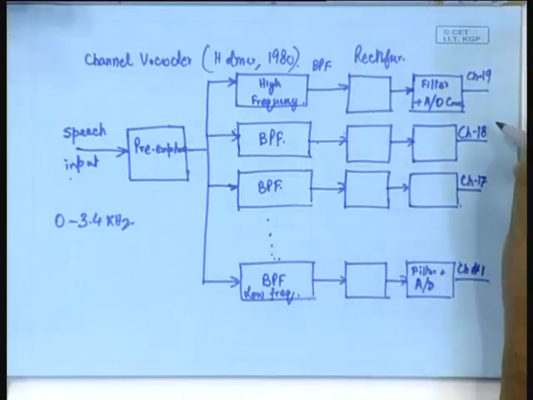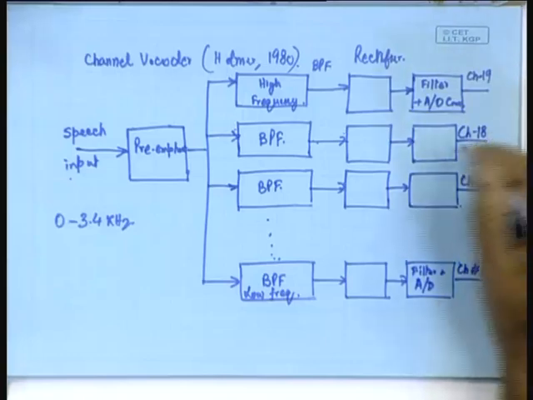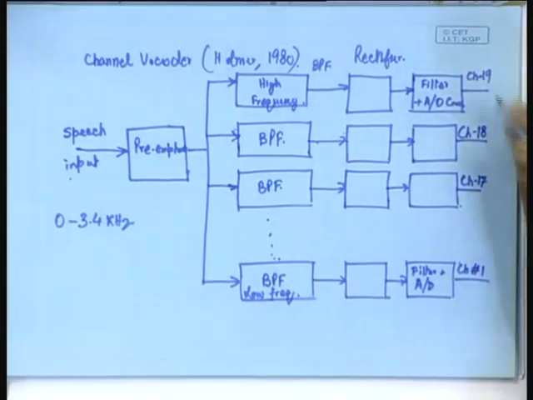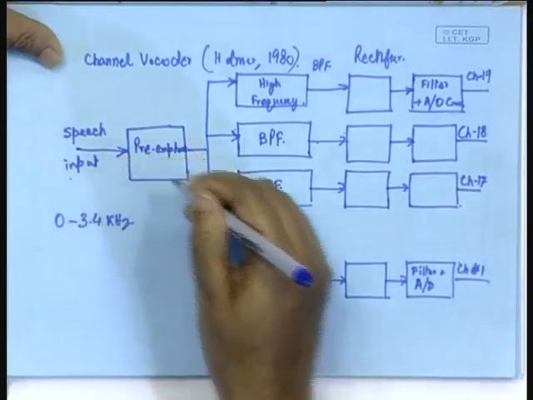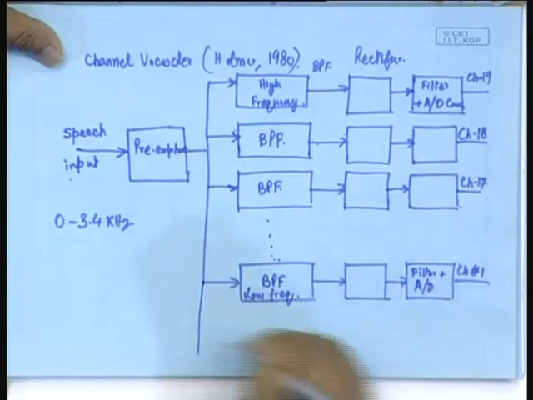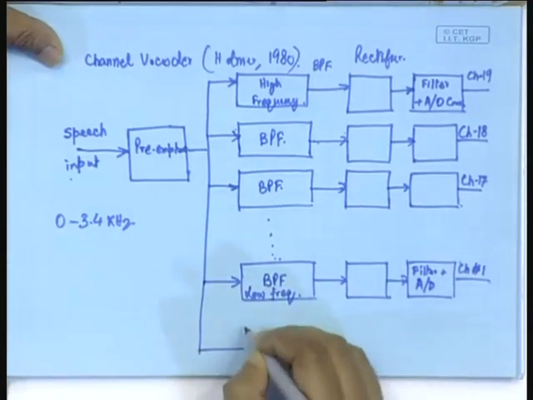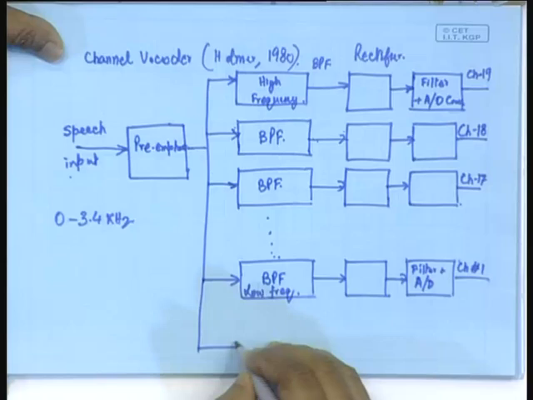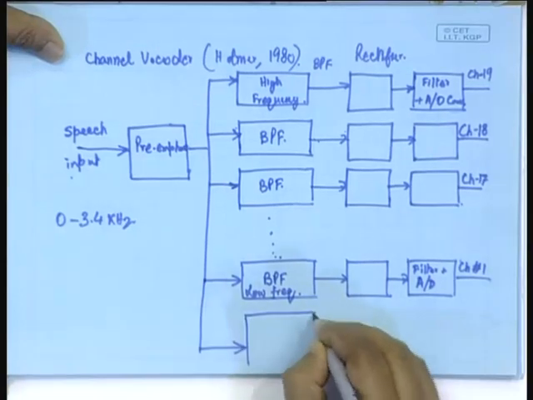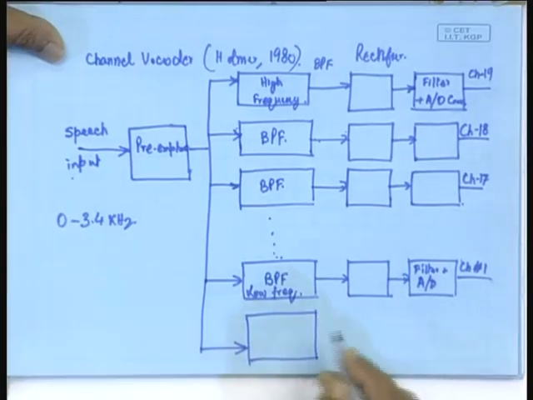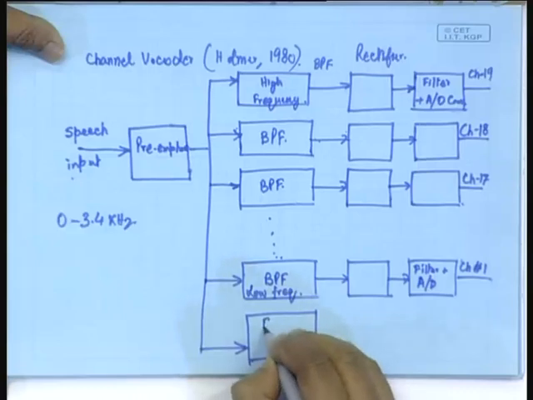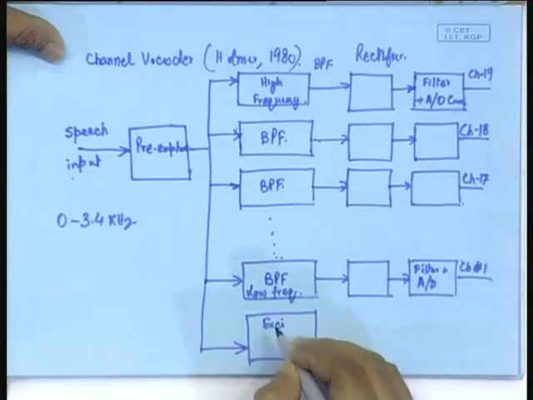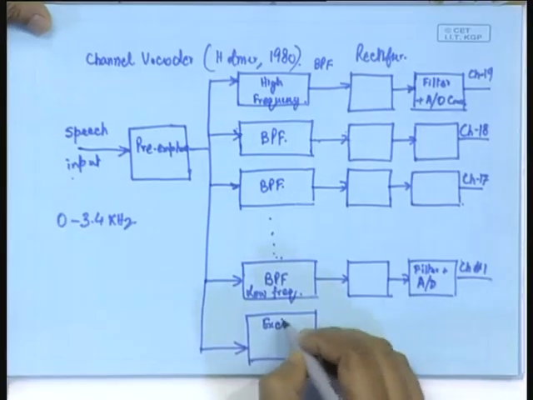Now, this analyzes the speech signal into different filter banks, and along with that we also have the extraction of pitch information, because as I told you in the last class, pitch forms an essential parameter in order to analyze speech, and obviously if it is needed for analysis, it is needed for synthesis also.